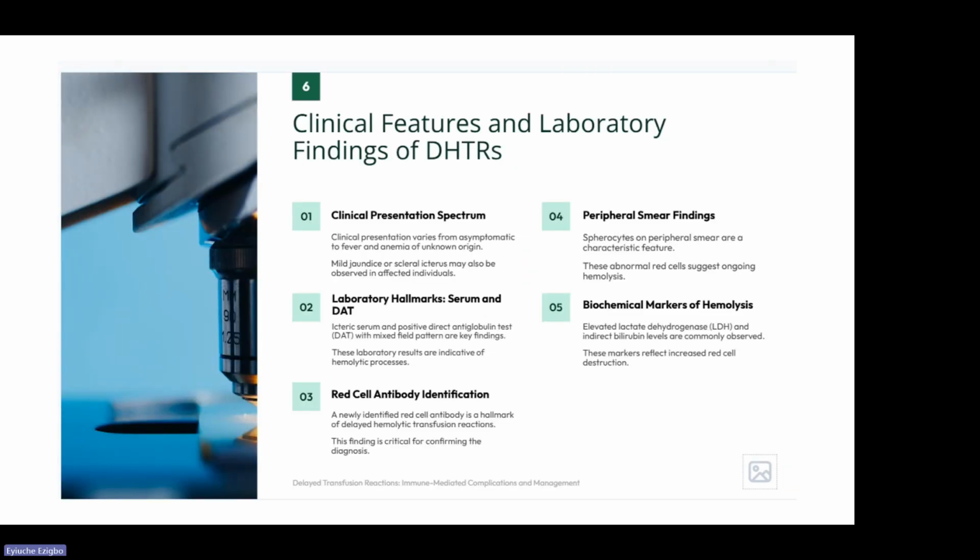So what are the clinical features and laboratory findings in delayed hemolytic transfusion reaction? The clinical presentation can vary from asymptomatic to fever and anemia of unknown origin. Mild jaundice or scleral icterus may also be observed in affected individuals.